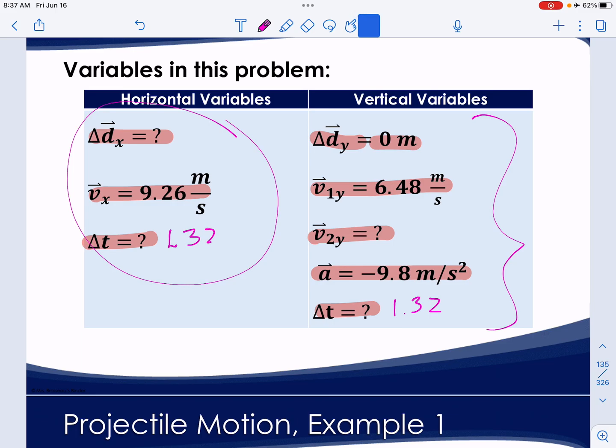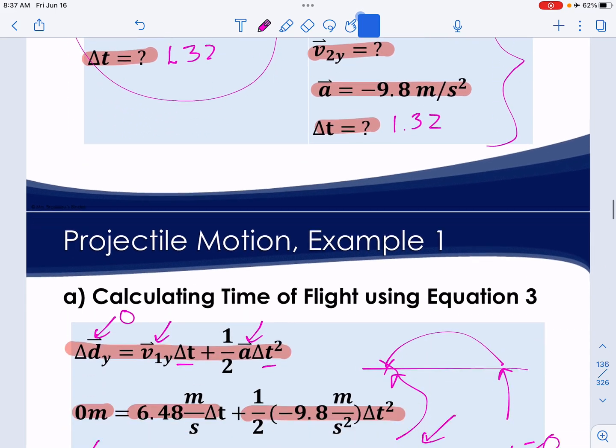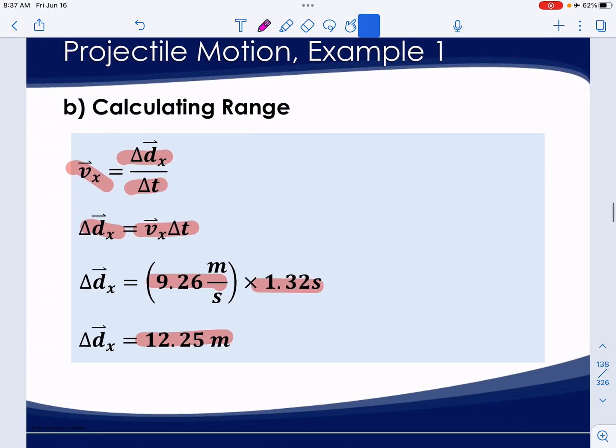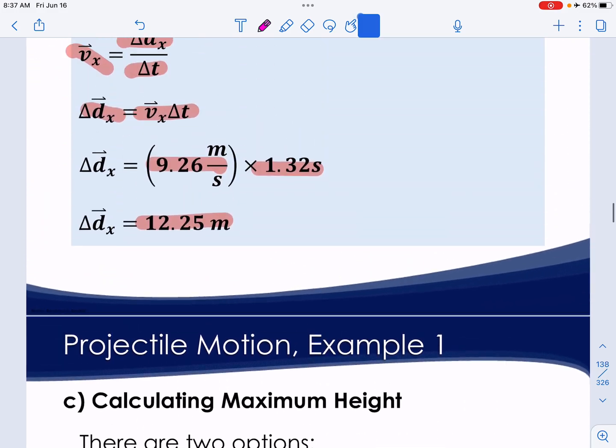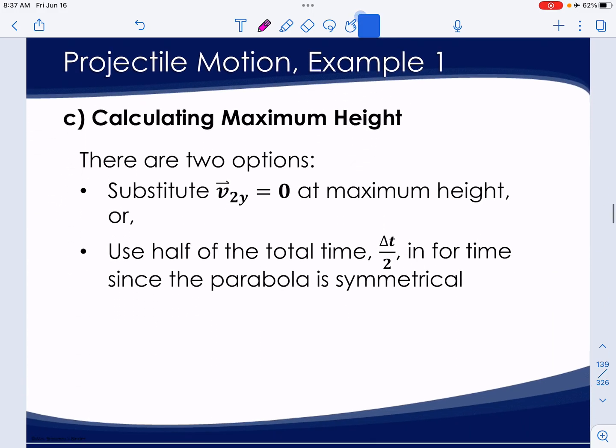We can solve for the maximum height. Okay, so we know that the maximum height is going to occur halfway through, right?